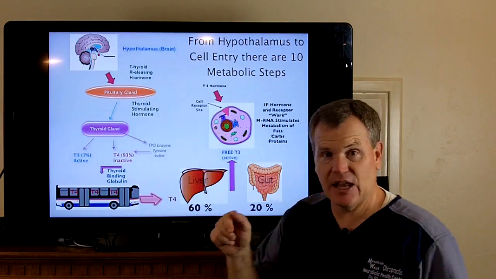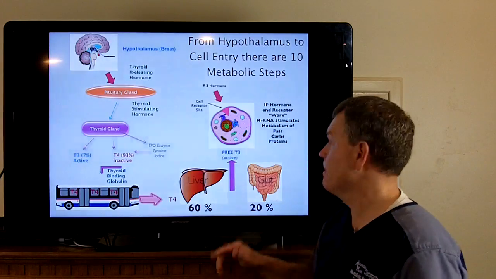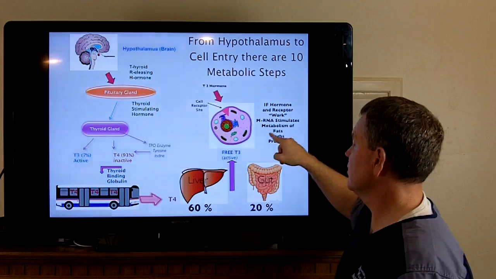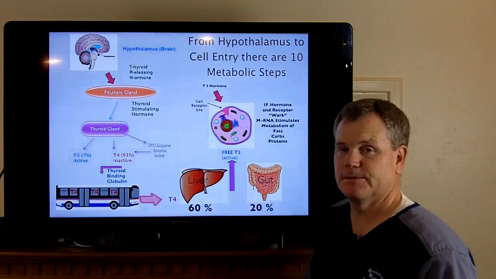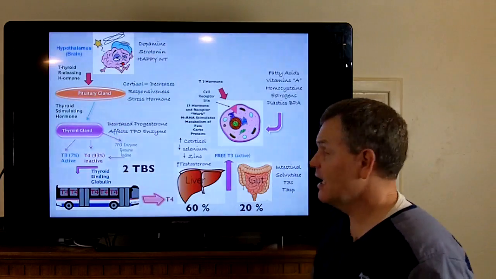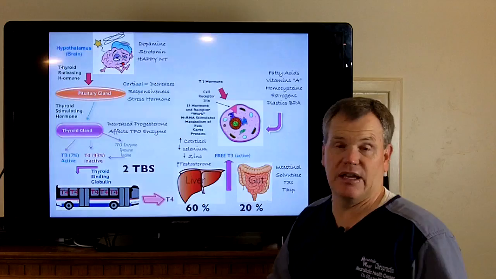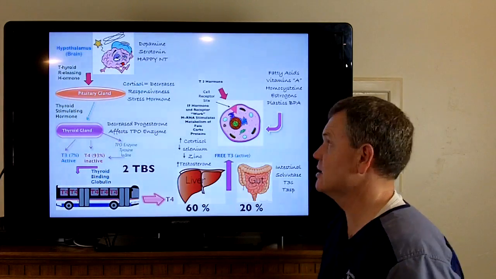It's like a key and lock mechanism. It has to work exactly, otherwise it doesn't get in. The hormone allows for metabolism of fats, carbs, and proteins. Now, this is discussed very much in detail in Part 1, so please, once again, review that first. I'm going really quickly over this.